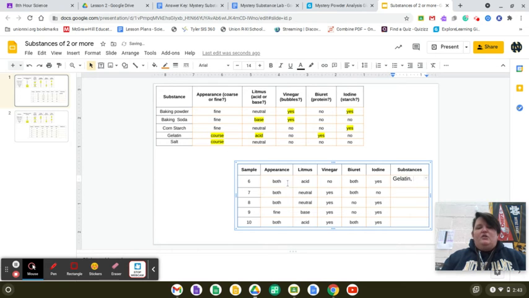All right. Then after litmus, we look at appearance. My appearance for number 6 says both. So it had both fine and coarse. It had the white powder and it also had the rock looking stuff on it. So that means one of mine is going to be fine and one is going to be coarse.